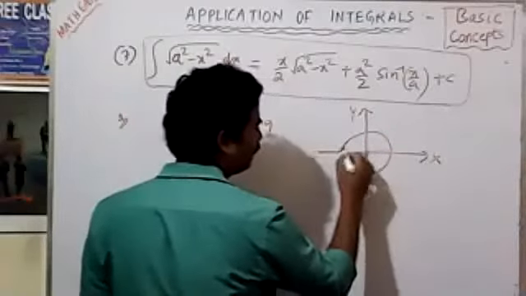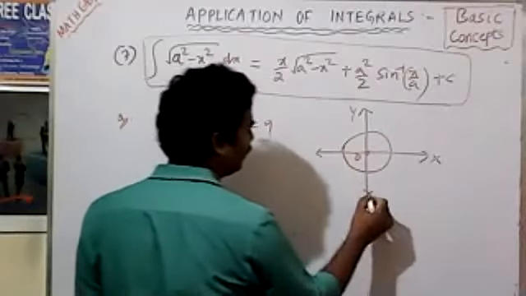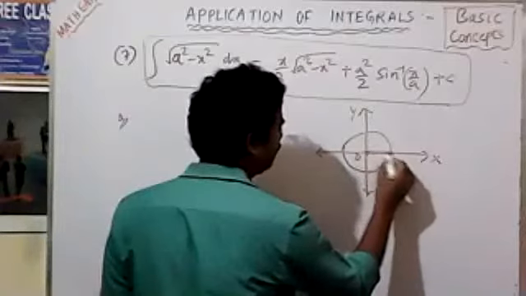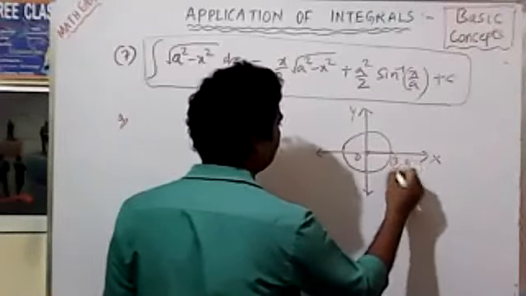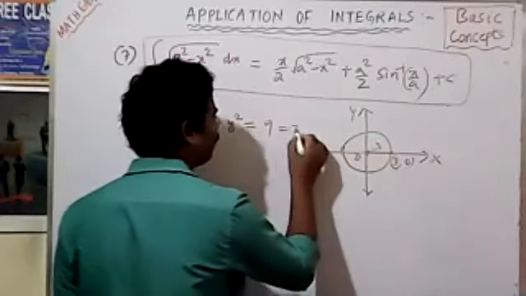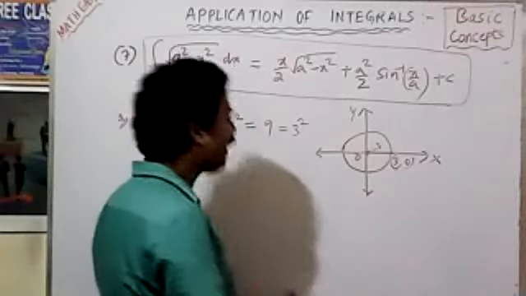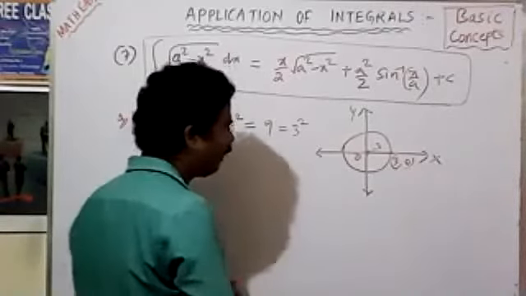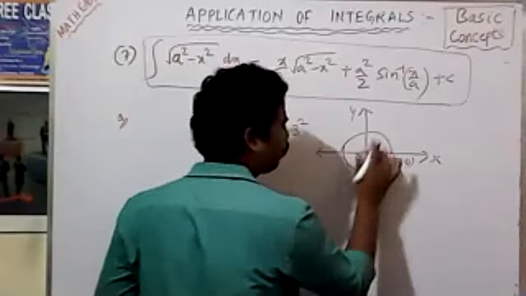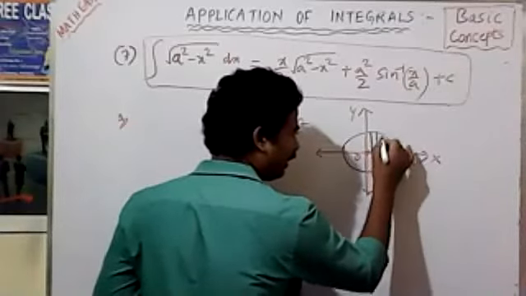Here this is the origin, the center is at the origin. Now here this is the radius. The radius is 3, so 3 square. Now you have to find the area of one quadrant, one part.